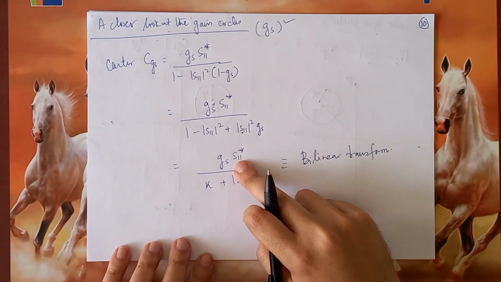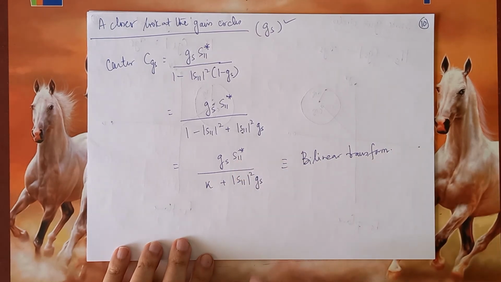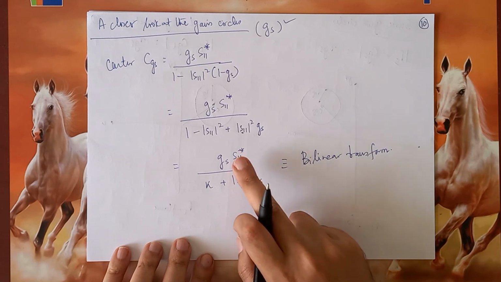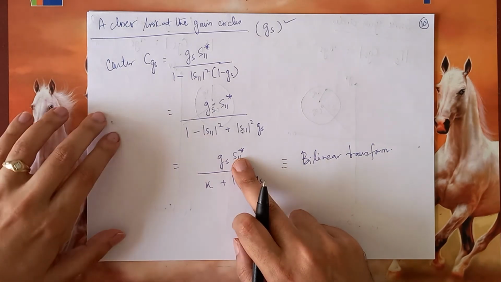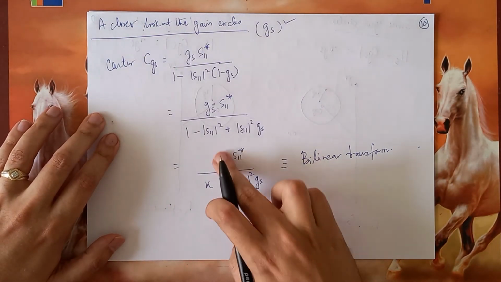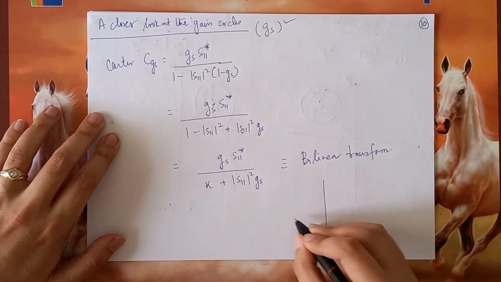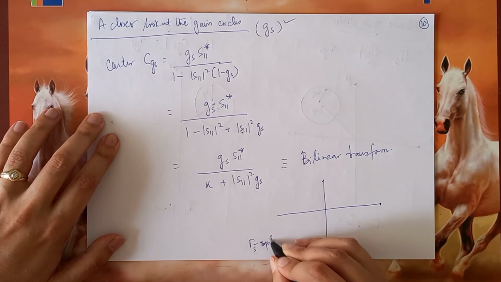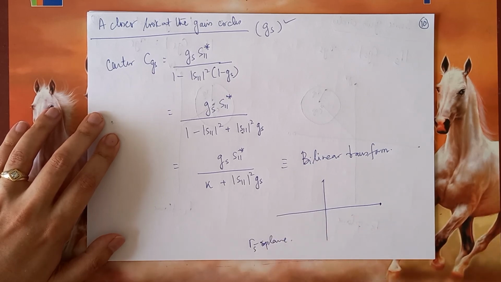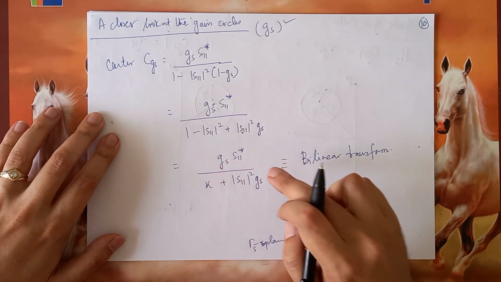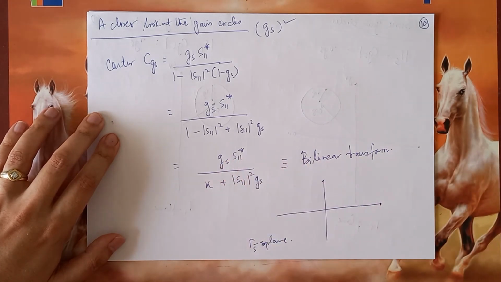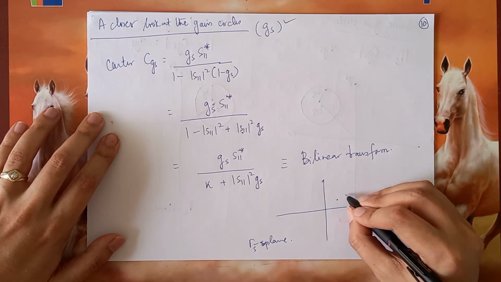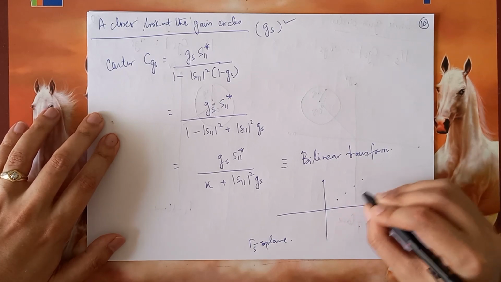If S11 is fixed, this is the only complex quantity. Its phase would never change because it is a parameter of the MMIC. So let us say we get different values of C_GS for different values of G_S. On the complex plane, if this is my Γ_S plane, for different values of G_S, the phase will never change. It's a complex quantity. So one C_GS may be here, one may be here, one may be here.